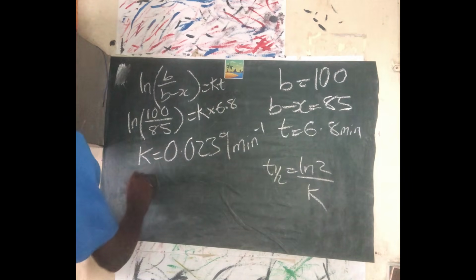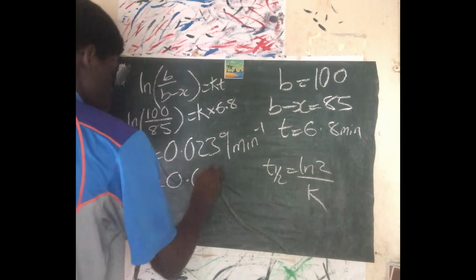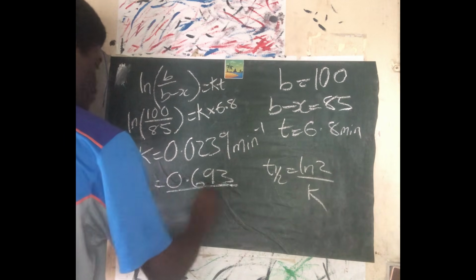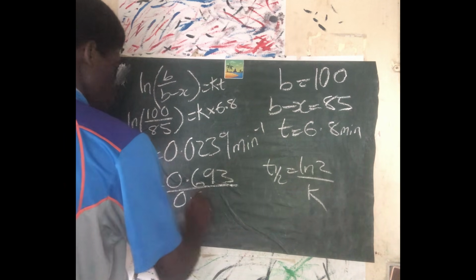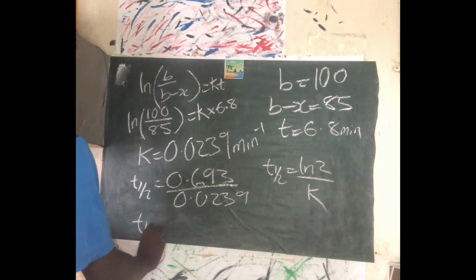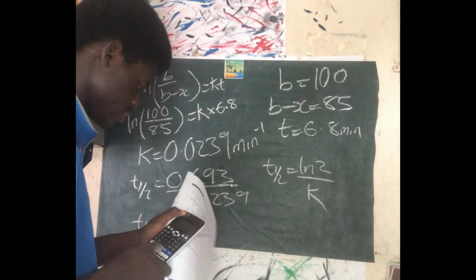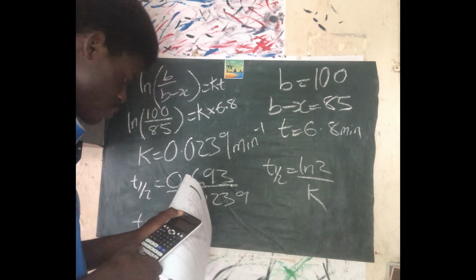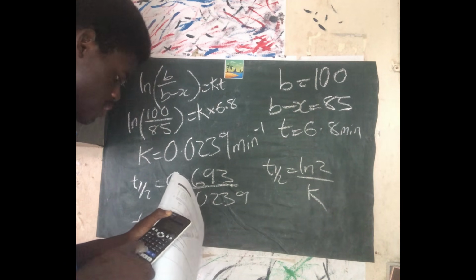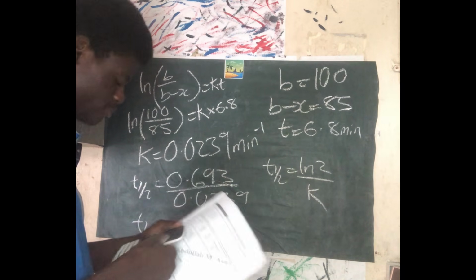So half-life will be ln 2, which is 0.693, divided by 0.0239, and that will be 28.9 minutes.